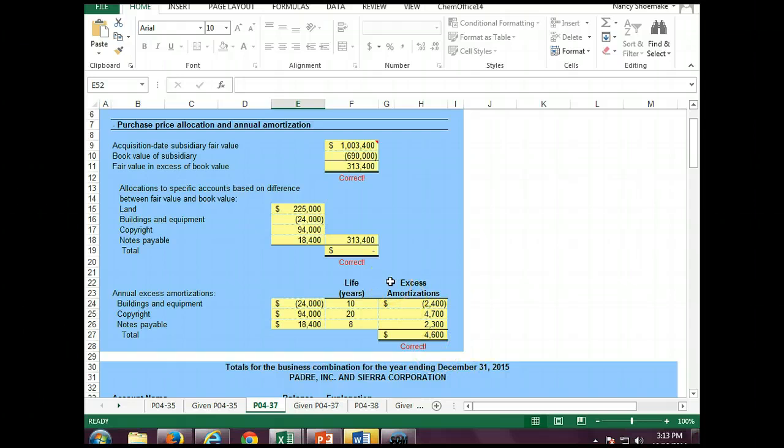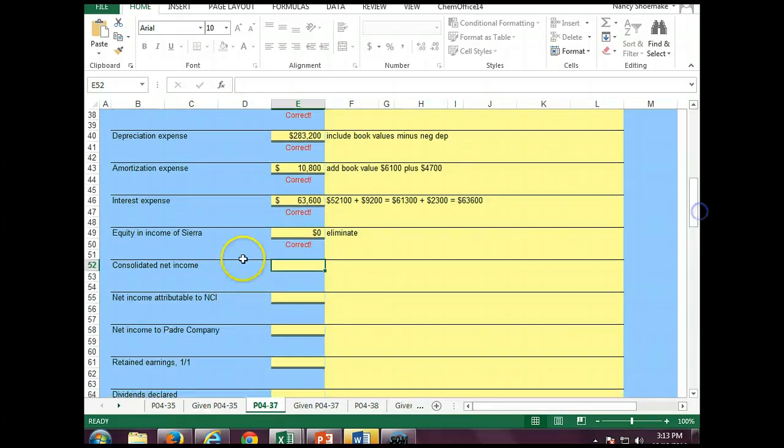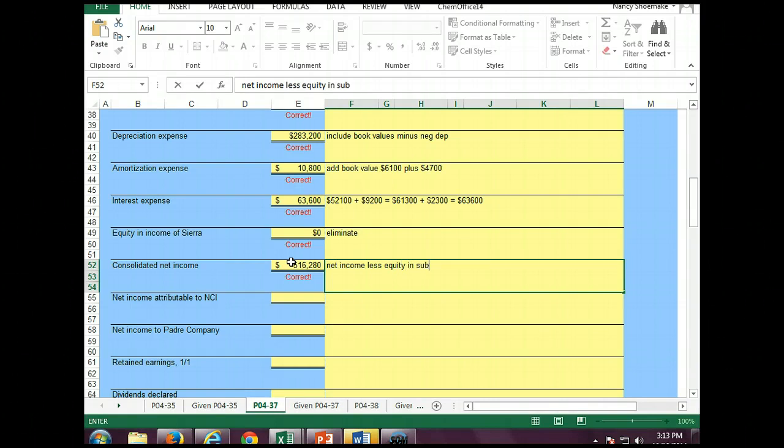So if you take the 520,880 and you subtract this 4,600, what do we get? 516,280. Perfect. So our 516,280 is going to be net income less equity in subsidiary, because we're going to show them together, minus our allocation excess. Okay?